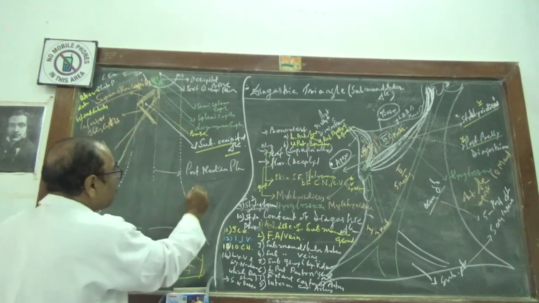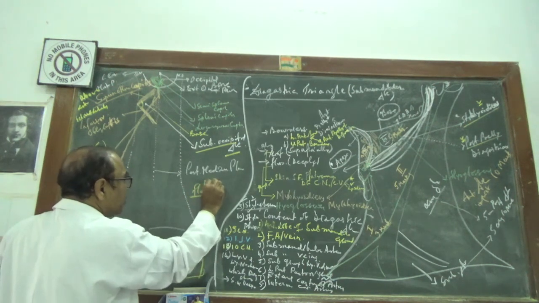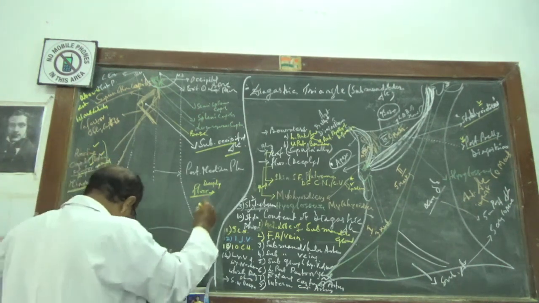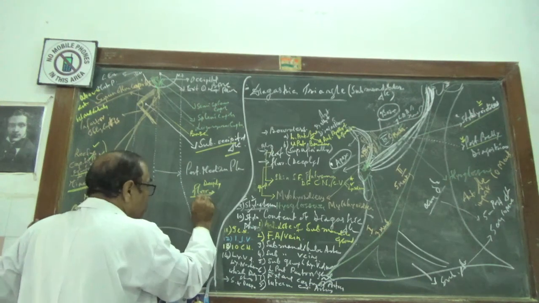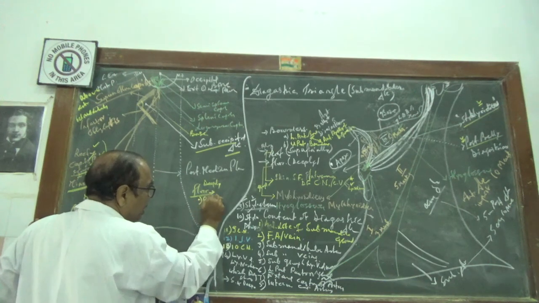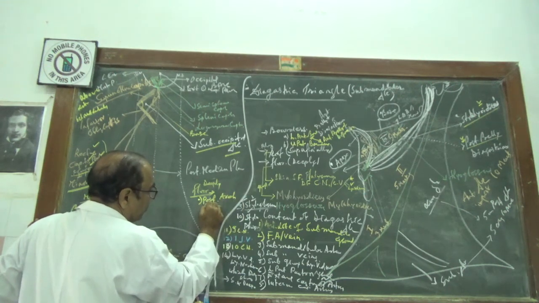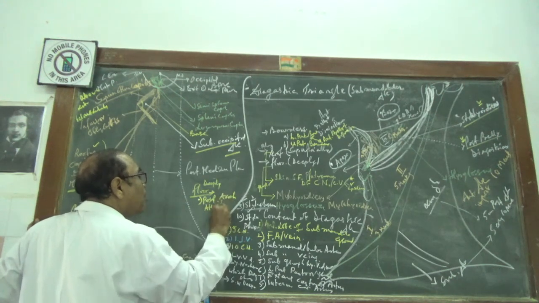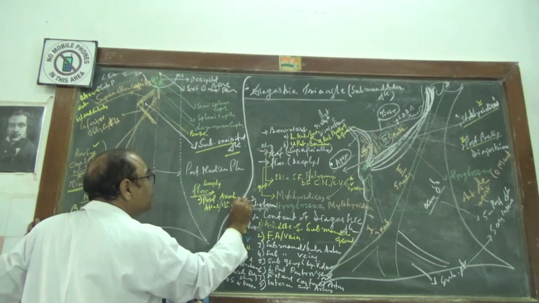Now what must be the floor? The floor is deeply related to the posterior arch of the atlas, or first cervical vertebra.